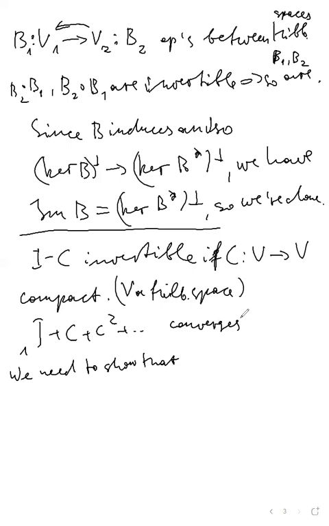Well, normally one would want to use the norm, but this doesn't really work because the norm of a compact operator might well be 1 or 2. So the series of the norms may not converge. So what do we do?